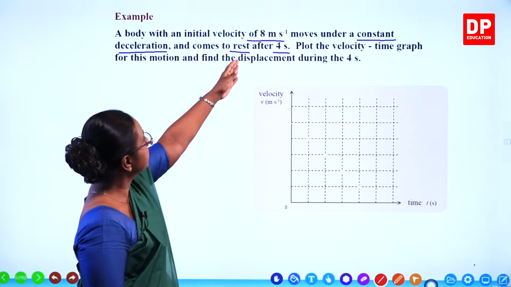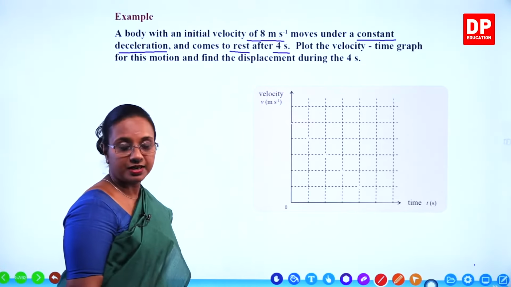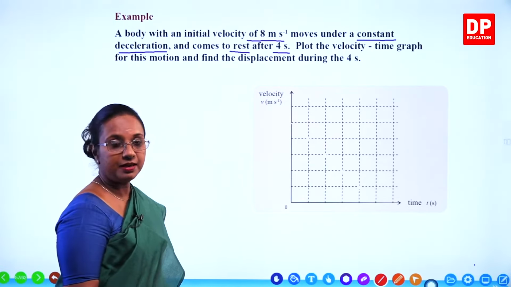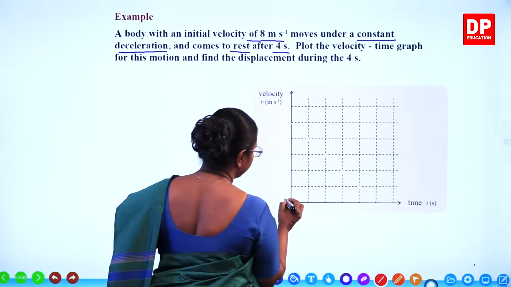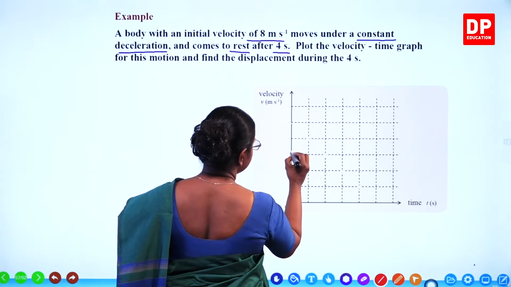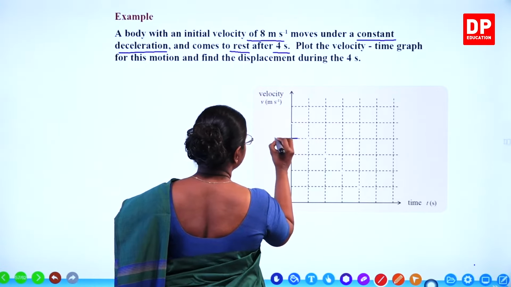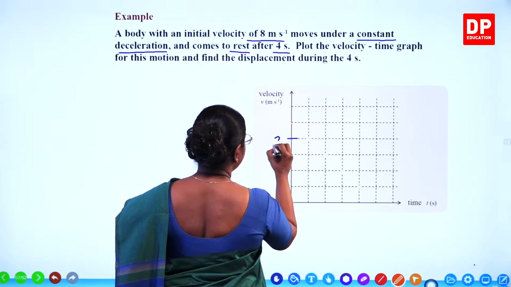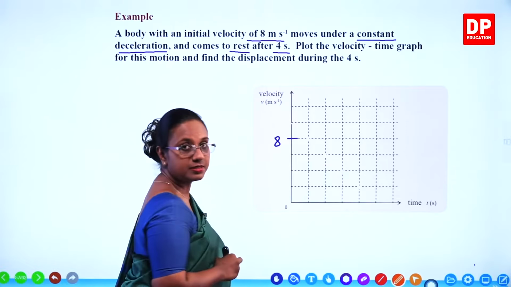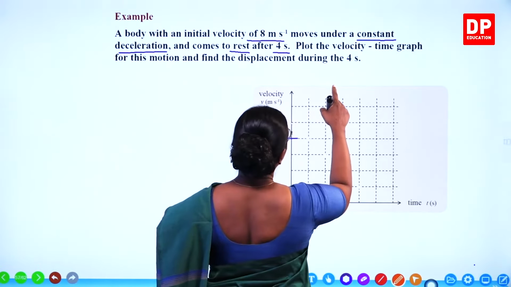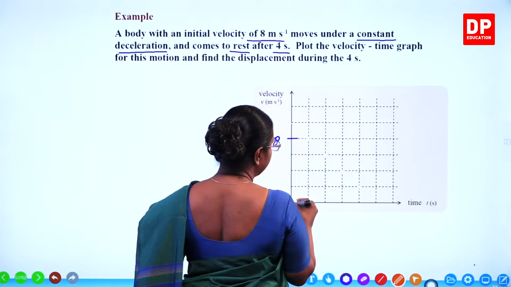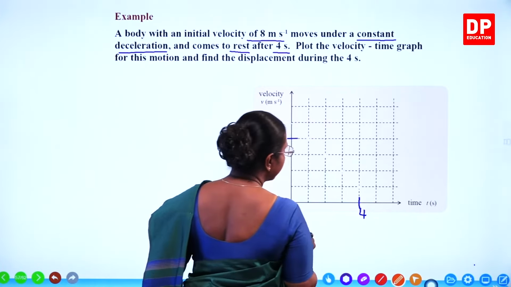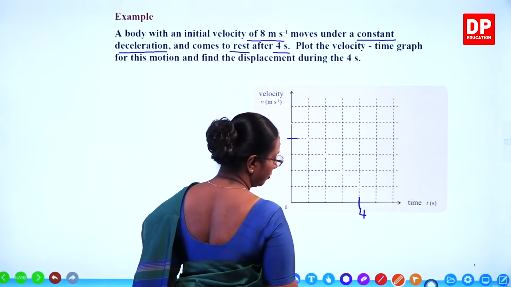Since they have specified the initial and the final velocity and they have given us the time period, you can mark the values. The initial velocity, we can mark it here as 8 meters per second. And the final velocity at the end of 4 seconds, if this is 4 seconds, it will be 0 here.